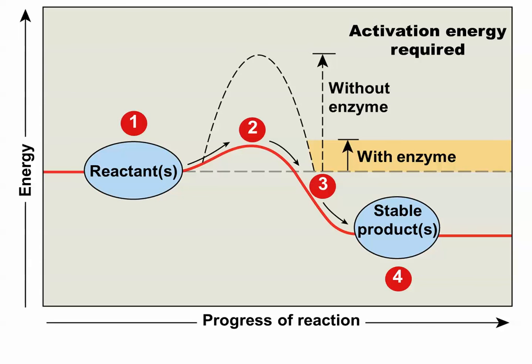So here's an example of a reaction that's catalyzed by an enzyme. Here we have reactants, and normally they would have to have a big activation energy to get them to come together. So, for example, if you think of a bunch of molecules floating around in air, they may or may not react with one another if they encounter each other kind of randomly.